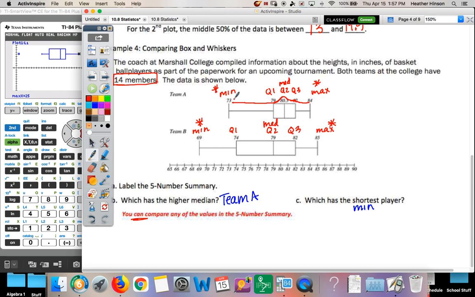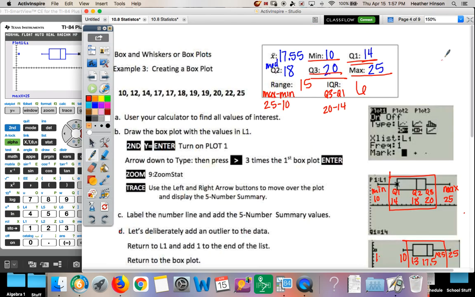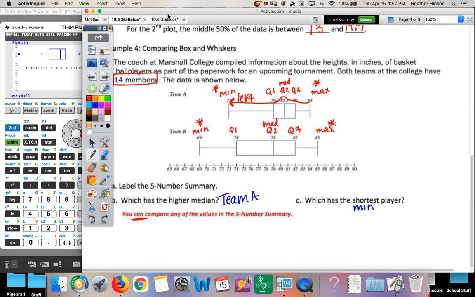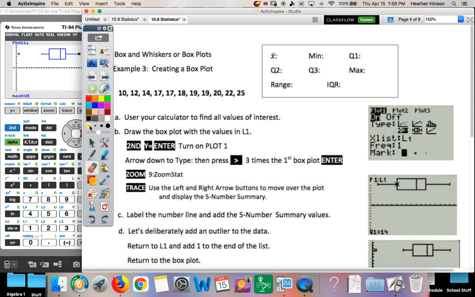The tail goes super far off to the left. So this one is 100% skewed left because that's where your tail is. So this is skewed left. Okay, what about for Team B?